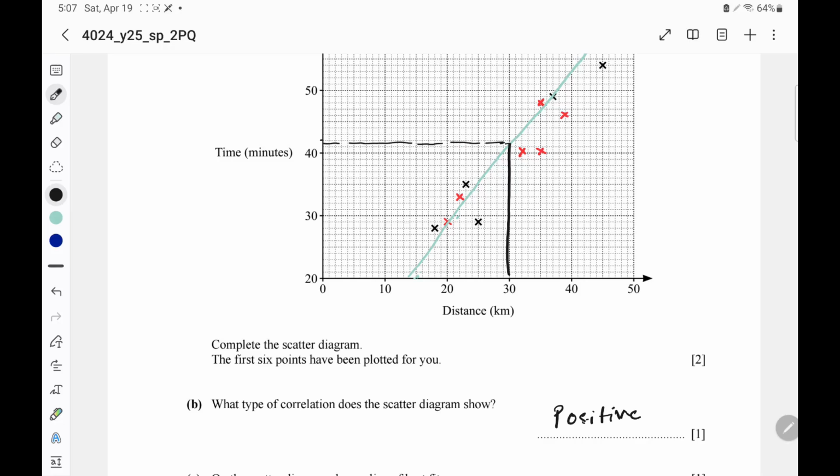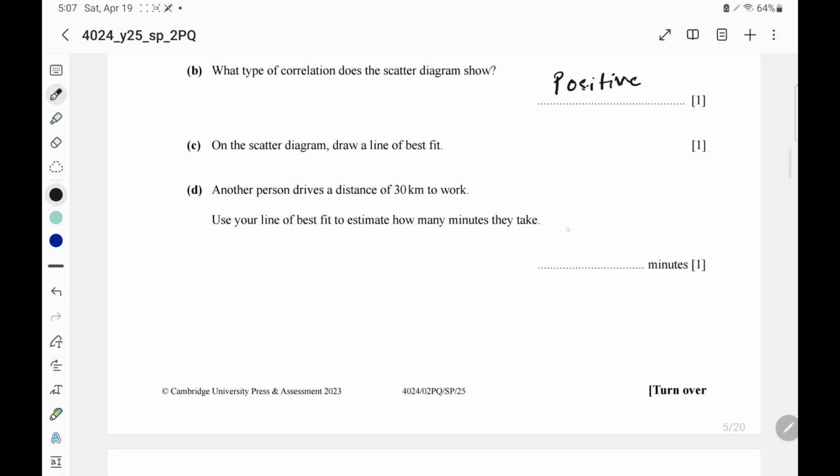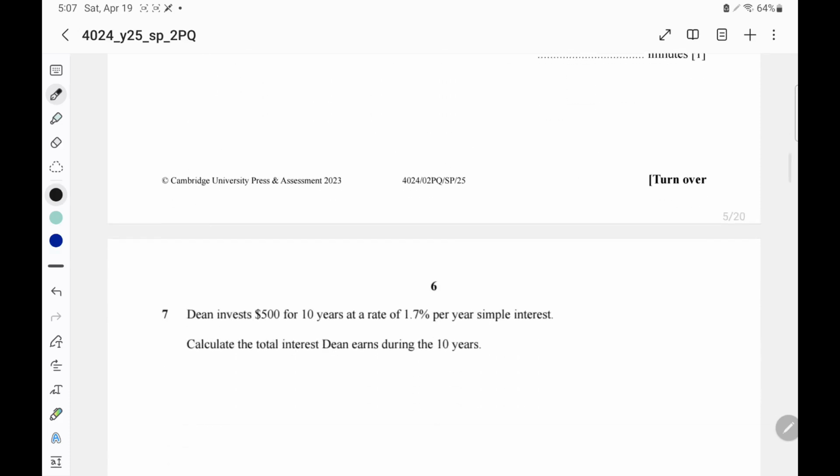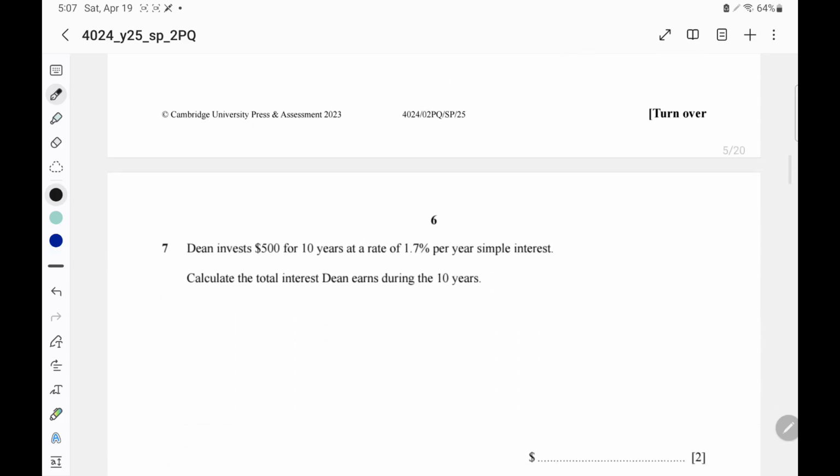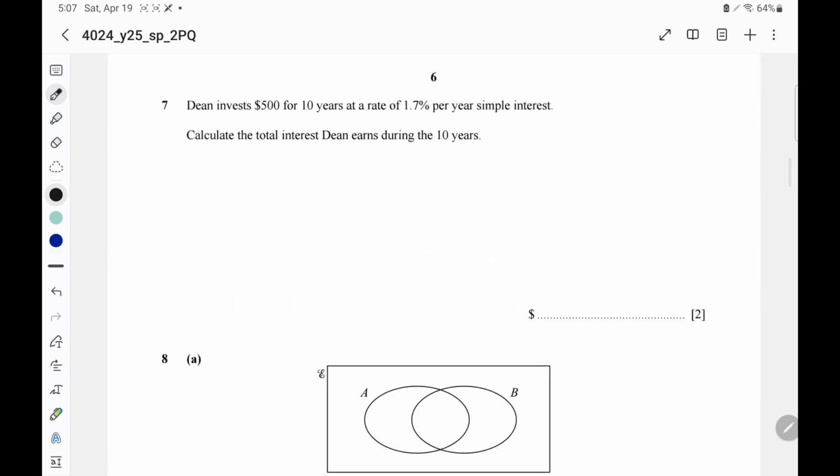So you can write 41.5 minutes or 42 minutes, so that is 42 minutes.